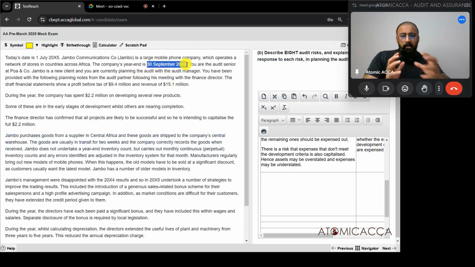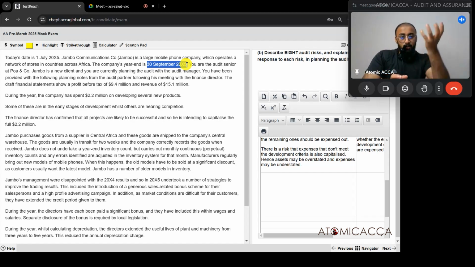So let's say products were ordered somewhere around, for example, 20th of September. That is 1 week before the year end. Now the purchase is made 1 week before the year end, but since it's taking 2 weeks, product is reaching after the year end. So there is a risk that company always wants to boost their inventory figures because inventory is a current asset.